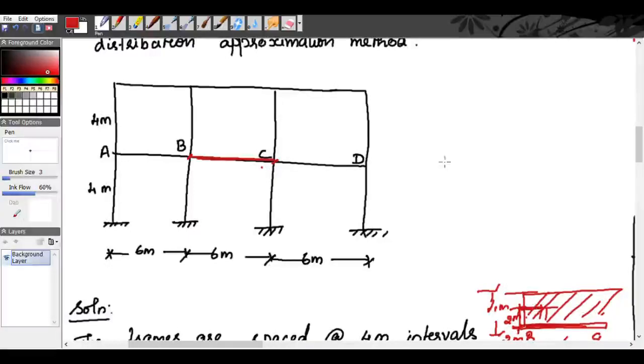There are no alternate spans, only the nearby spans are available. If we had a span DE, then this DE should also carry a live load. Because we have only 3 spans, throughout the beam ABCD there is dead load, and in the span BC we have the live load.